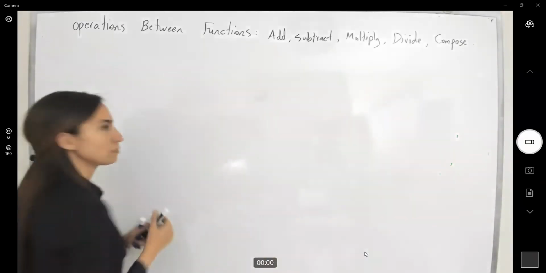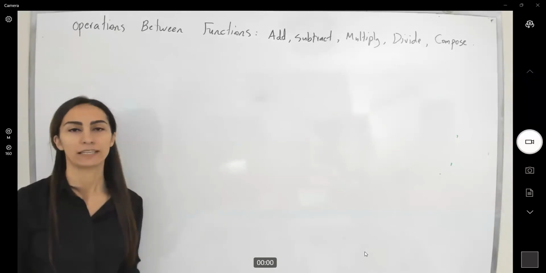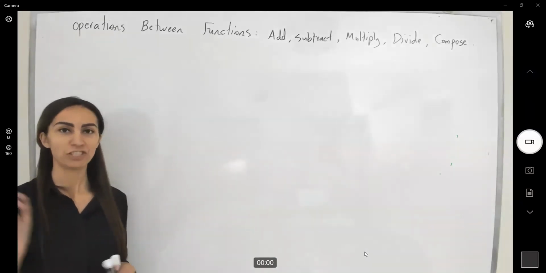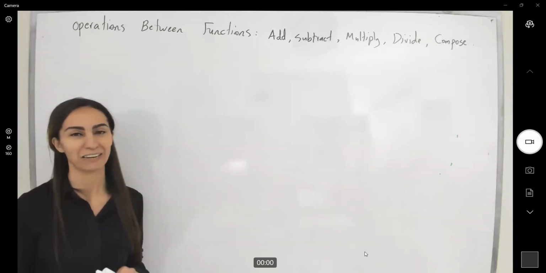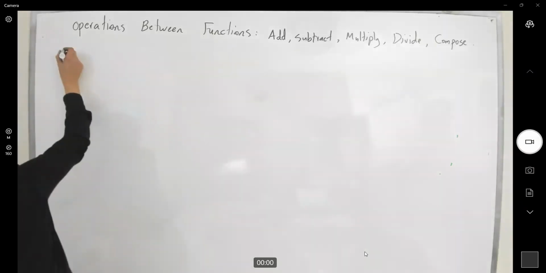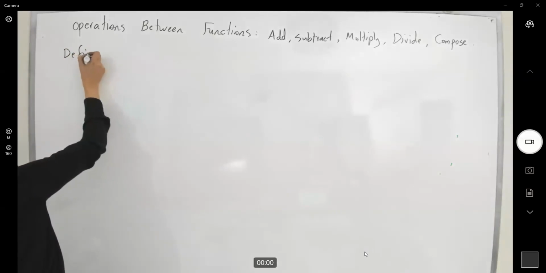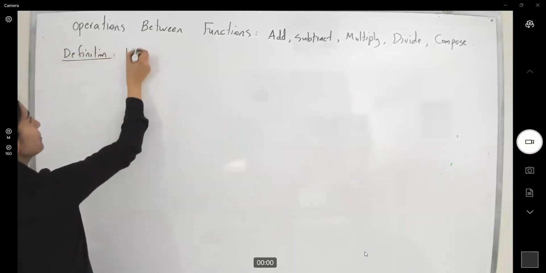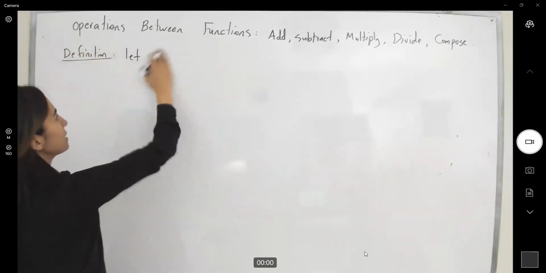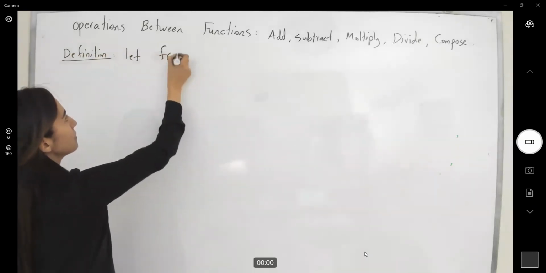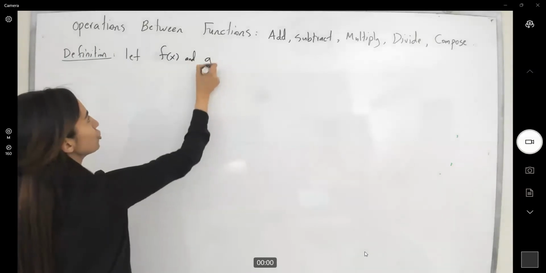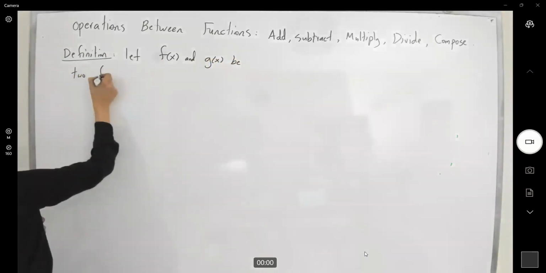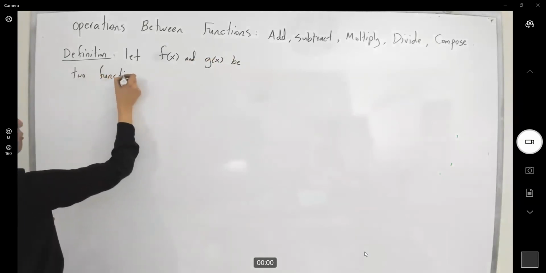So officially, we define addition and subtraction. We have a definition, then we have examples. Definition: let f of x and g of x be two functions.